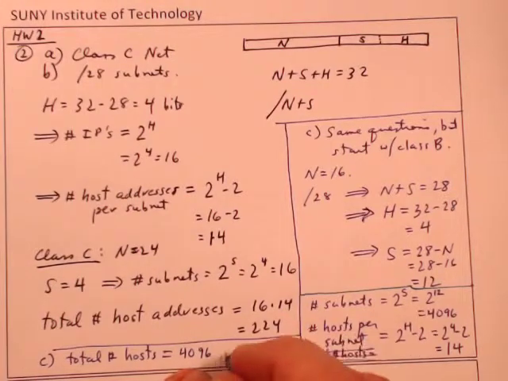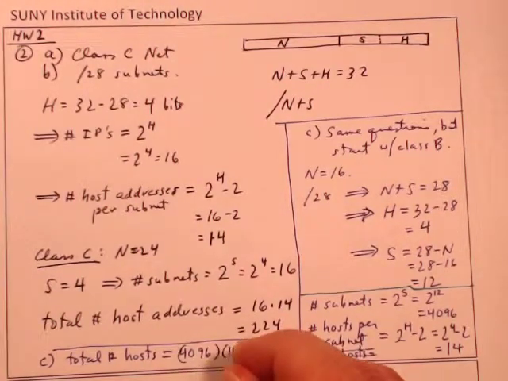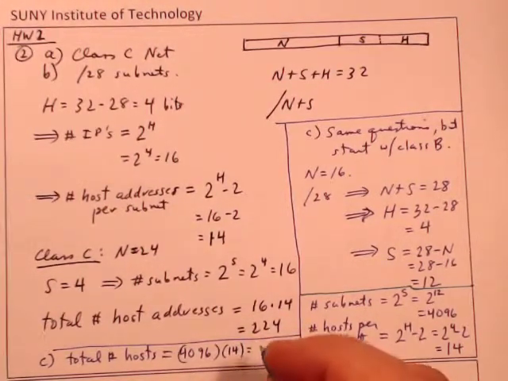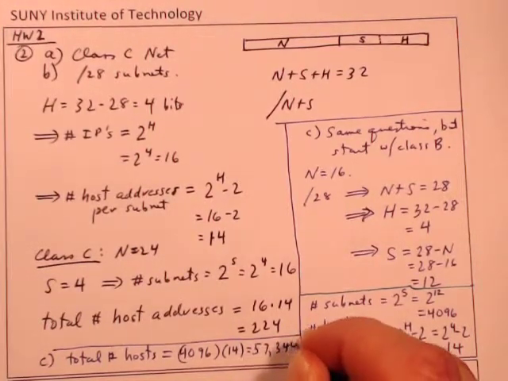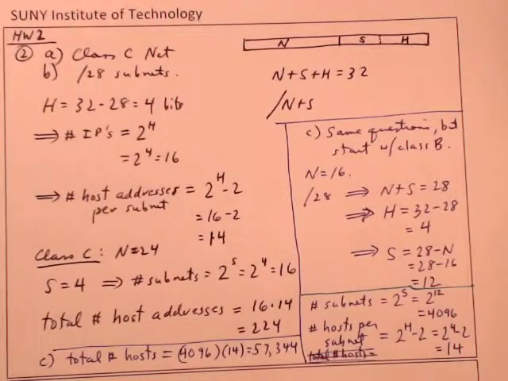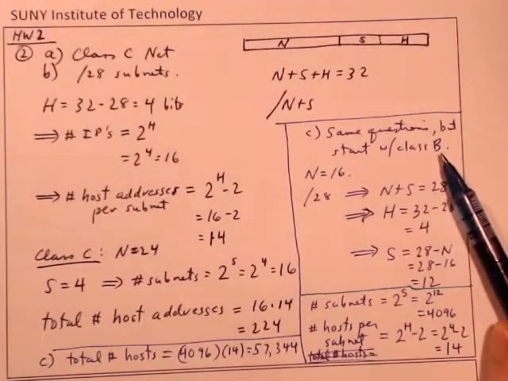That's 2 to the 12th times 14, which is 57,344. As you can see, Class B's are big.